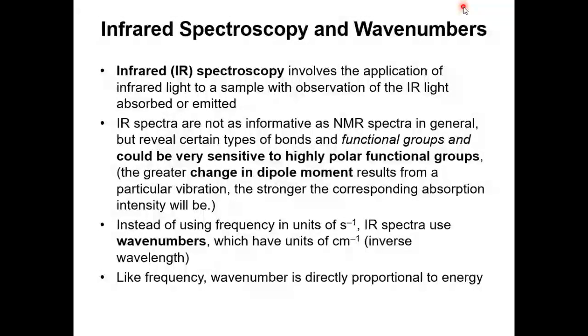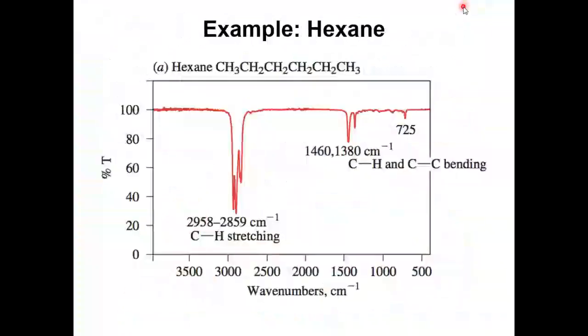And in terms of how the infrared spectrum looks, you probably have seen it in organic lab already. The infrared spectrum is generally given in the form of absorption or transmission. Transmission, as the name suggests, is how much light goes through.